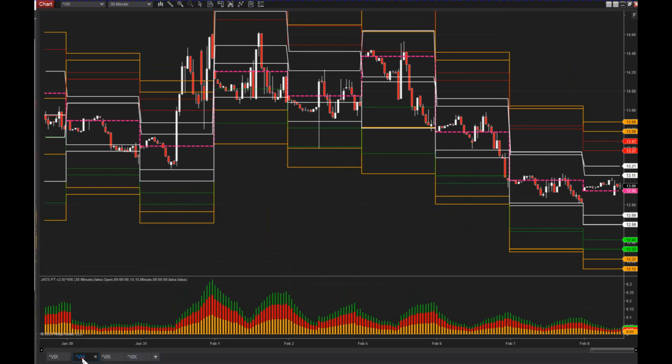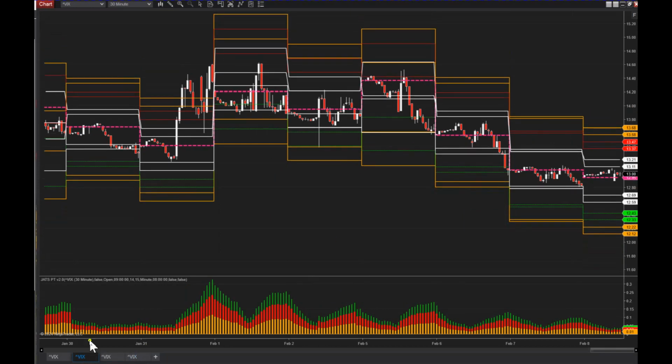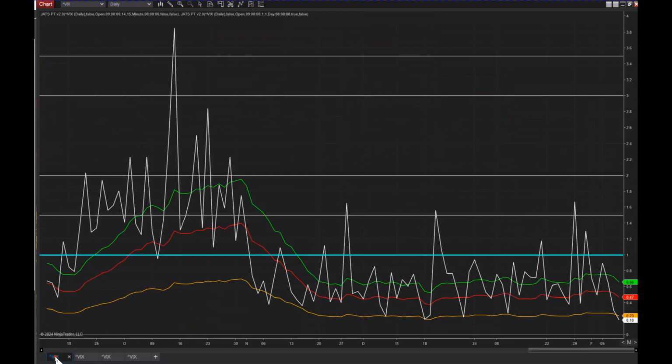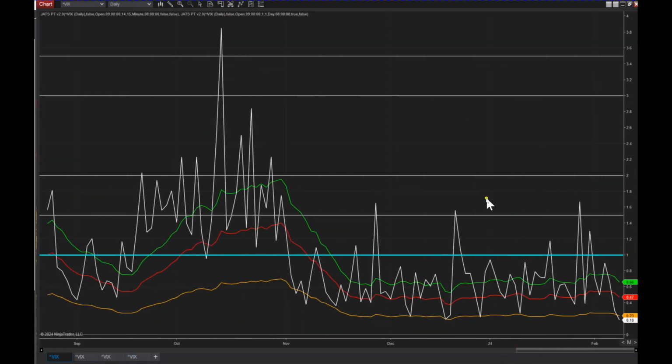So, how can we measure where we are? Here's the daily volatility. I like to look at daily and weekly as well as monthly to get me an idea of where these ranges could be moving to, and on an intraday basis, how far the variance will be for the spikes.